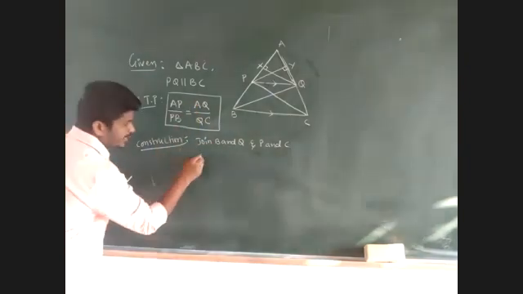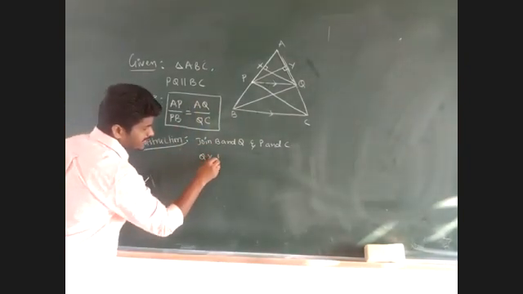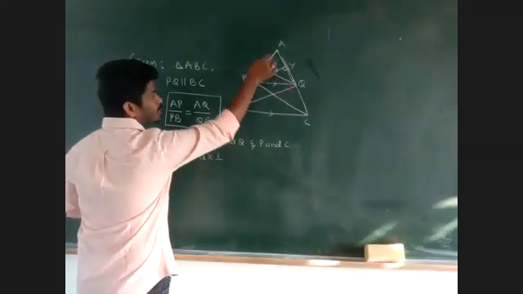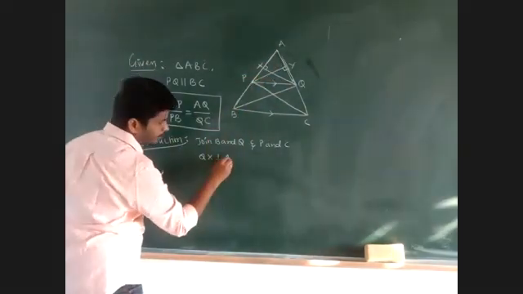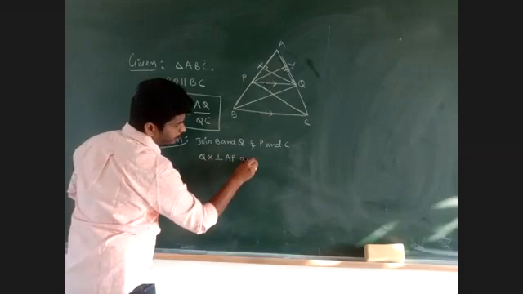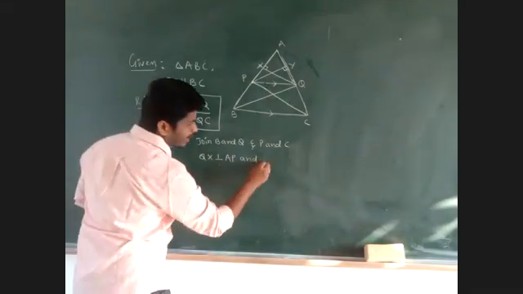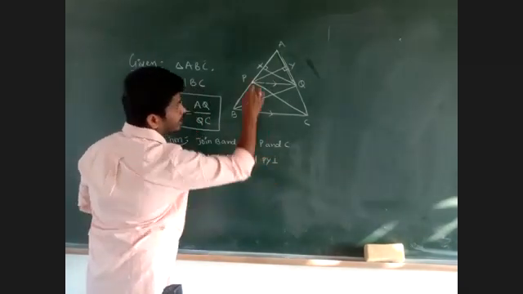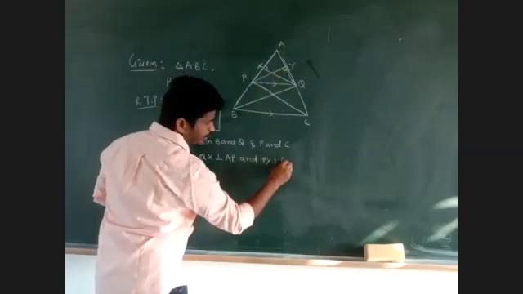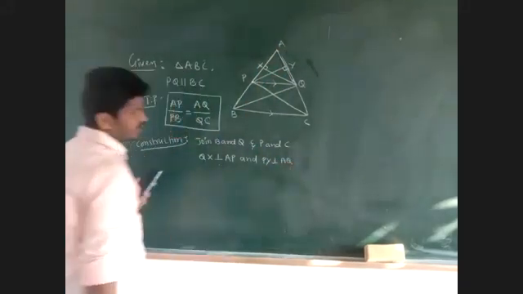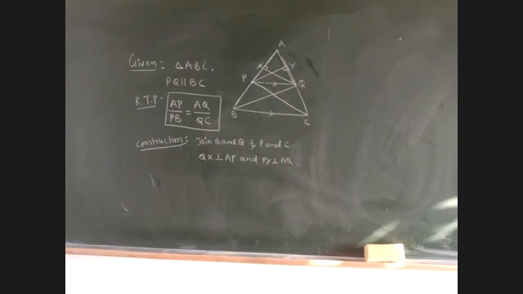QX is perpendicular to AP, and PY is perpendicular to AQ. So this is the construction. By using this construction only, we should prove the basic proportionality theorem.